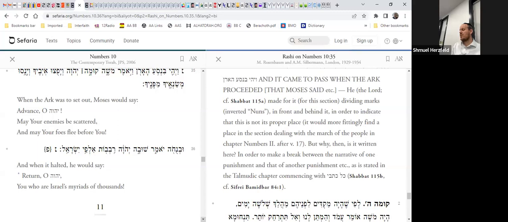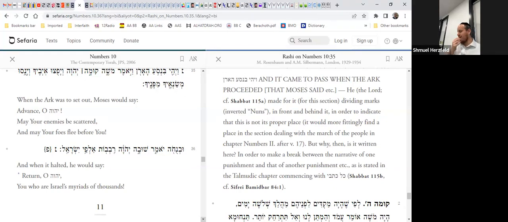Rashi doesn't tell us here what the sign is, but in the Talmud in Tractate Shabbos 115b, Rashi refers to it, but the actual place where Rashi refers to it as a backwards nun is Tractate Rosh Hashanah. There Rashi says that there was a nun before and a backwards nun after. And why? In order to tell us that this was not its place.